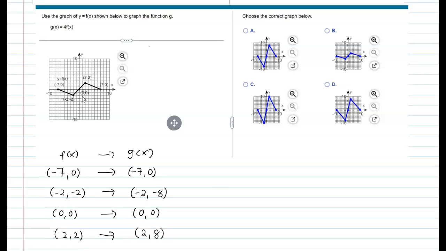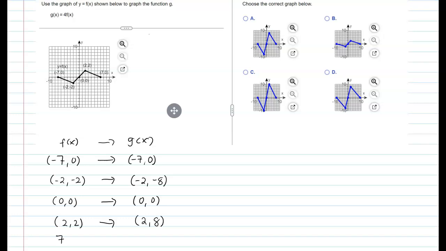And then 7, 0 would still be 7, 0. So now we look at the curve that would contain these points. Looks like, yeah, those are the points. So you just have to check on these two points here.